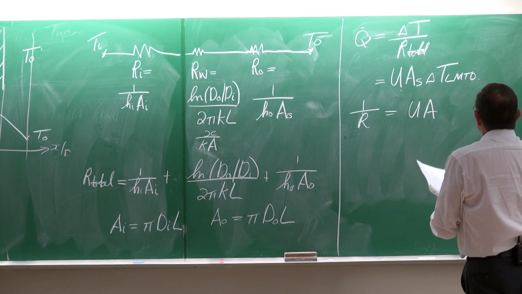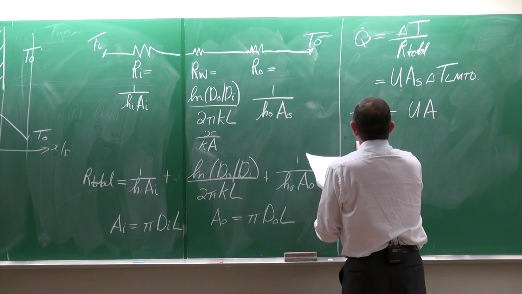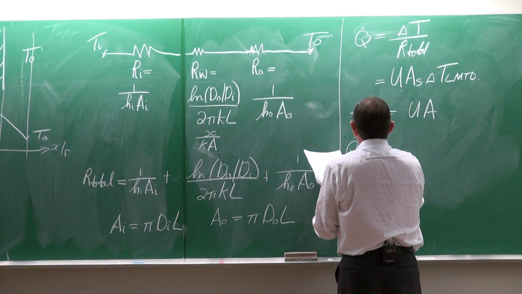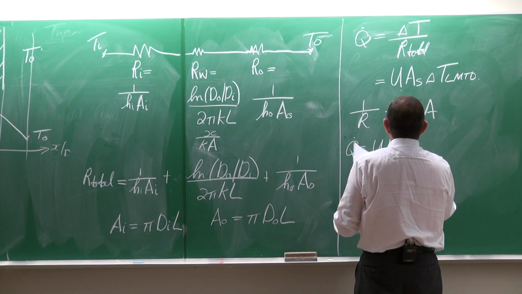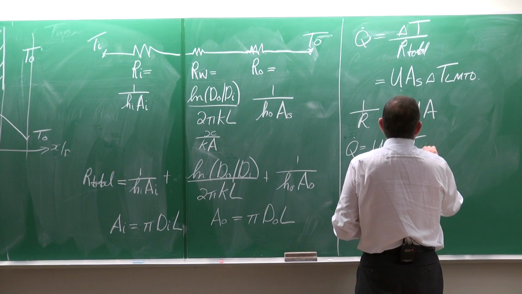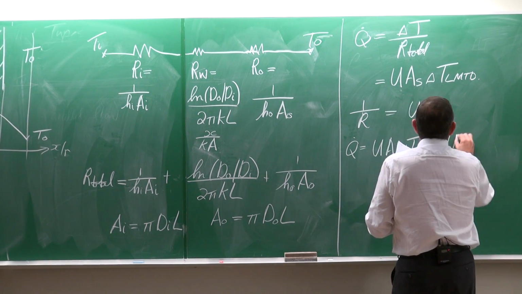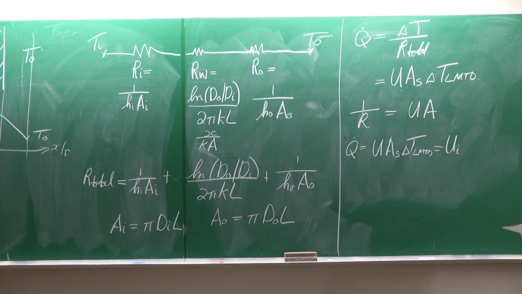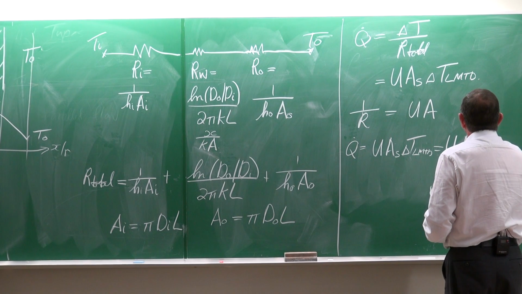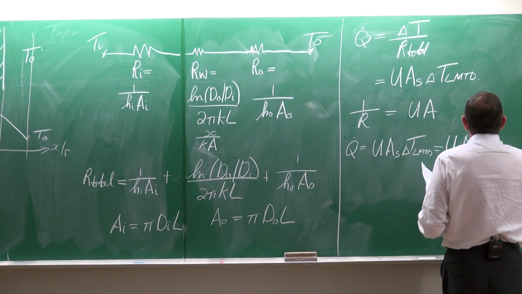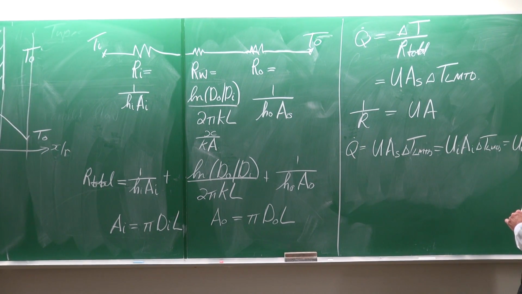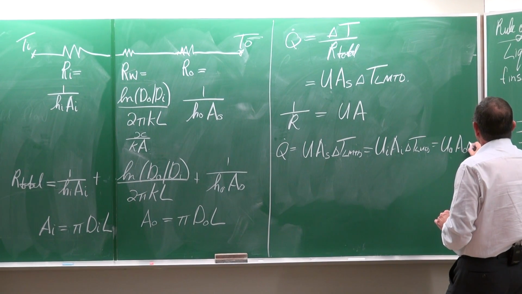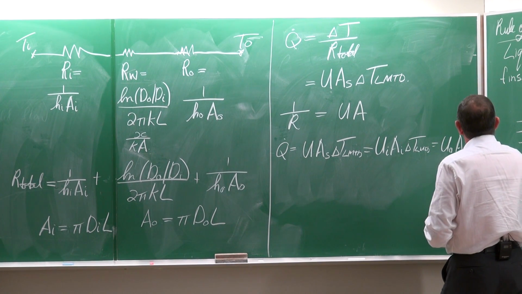Which is something which is now a little bit confusing is also that we can say that the heat transfer rate is equal to U multiplied by one or other surface area multiplied by LMTD, is equal to the overall heat transfer coefficient on the inside multiplied by the area on the inside multiplied by the LMTD, is equal to the overall heat transfer coefficient on the outside, the area on the outside, and LMTD on the outside.